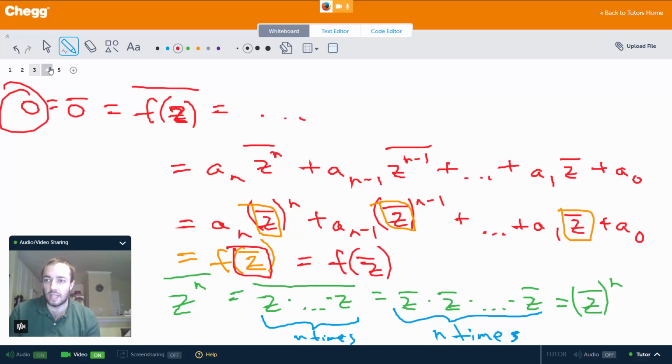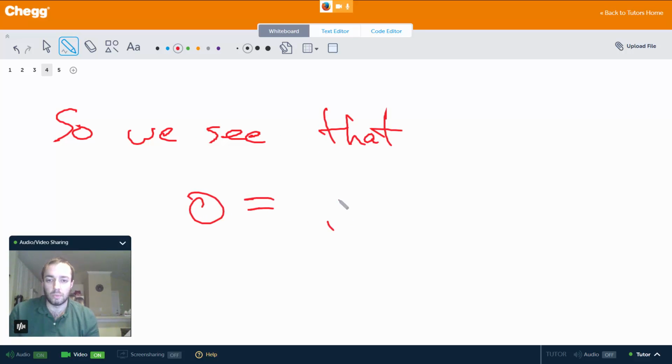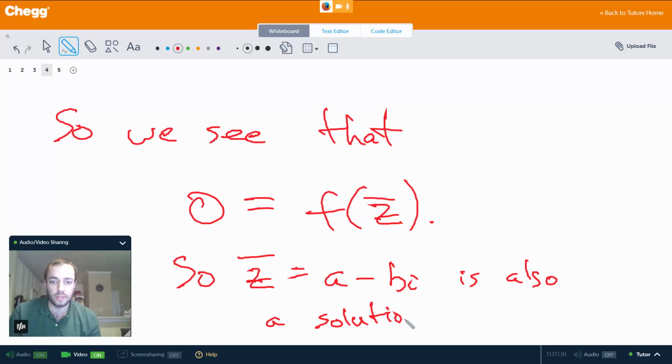So what we've just seen is that 0 equals f of z bar. Period. So z bar equals a minus bi is also a solution.